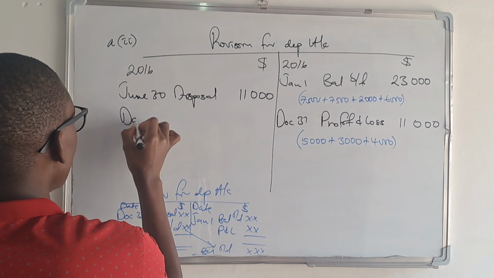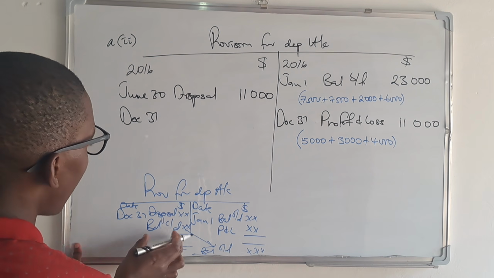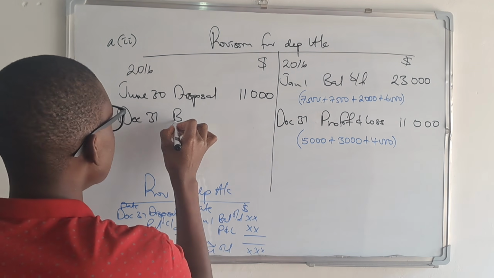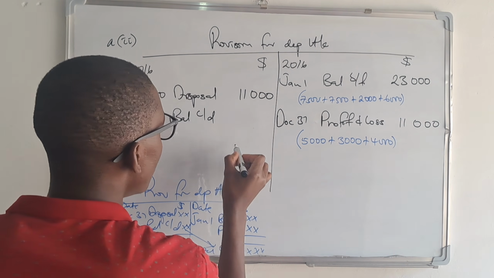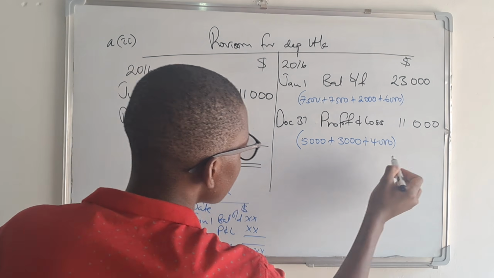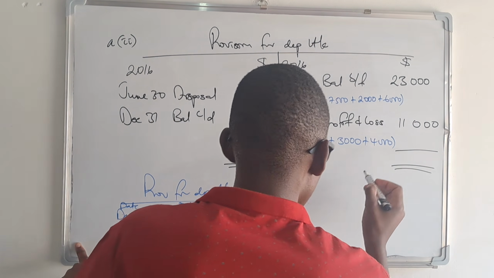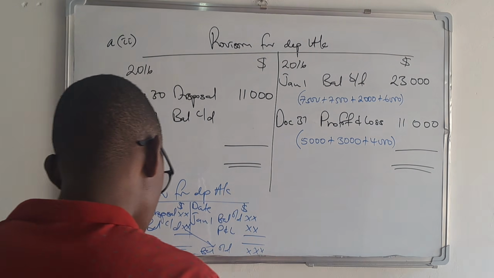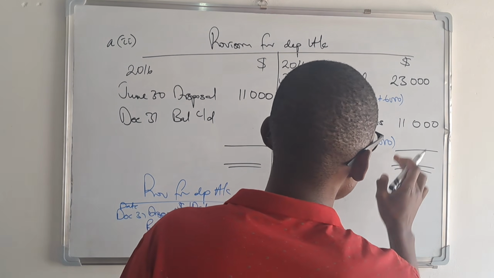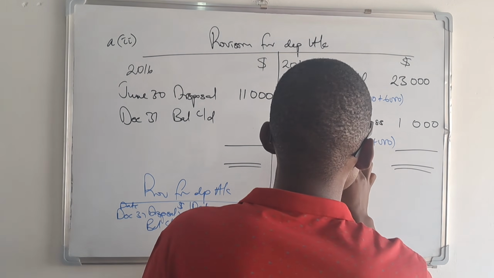Then we are done with what we are required to do according to the format which I gave you, and you have a balance CD. You balance off your accounts. 23,000 plus 11,000, you are going to get 23,000. Remember, this is not 11,000. 5,000 plus 3,000, 8,000.